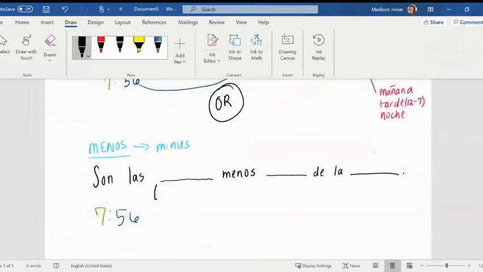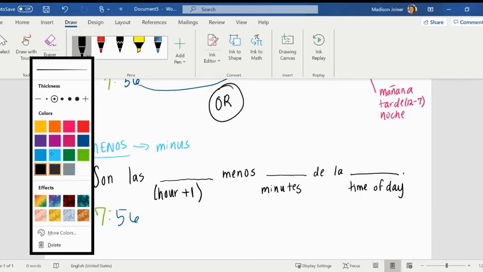Otherwise, if I say 7 and this is minus, then I'm going to be making it 6 o'clock. I'm going to put this as hour plus 1. And this is minutes again, kind of. So it's not going to be this 56. And then this is still time of day.